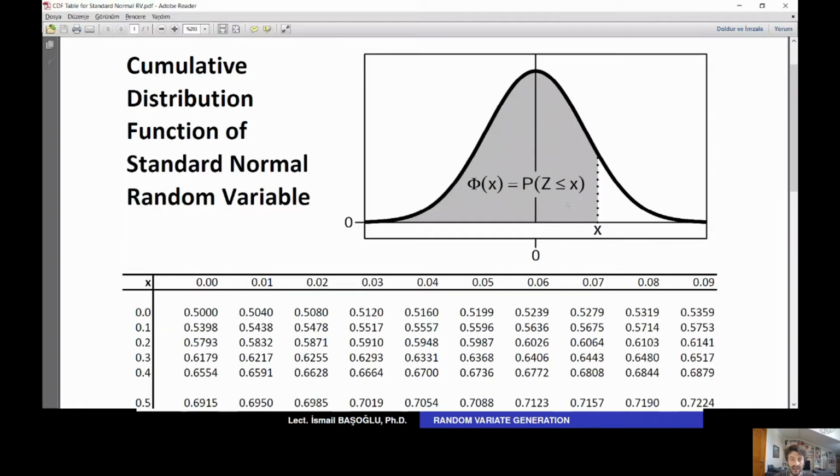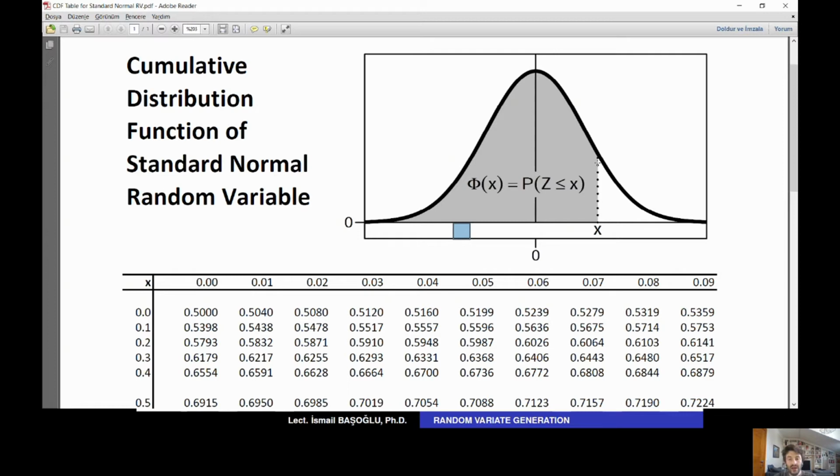Now you see, for any critical Z value that is the quantile of 1 minus Ri, by the symmetry of the standard normal PDF, we are going to take its negative, and for the negative version, the CDF will be equal to Ri.